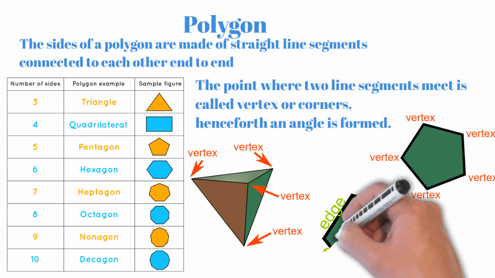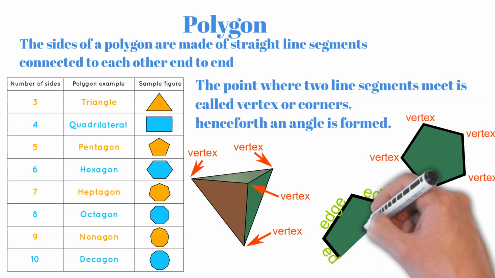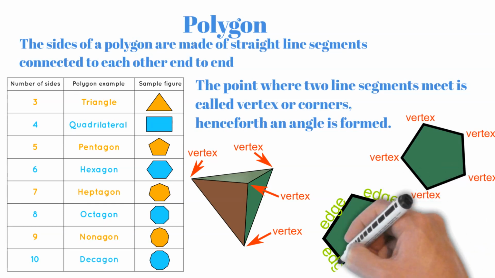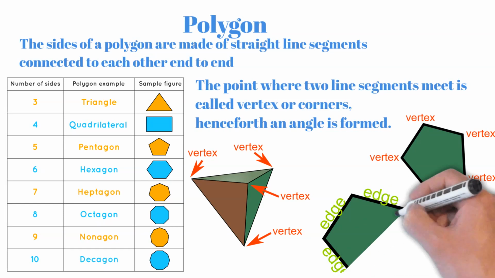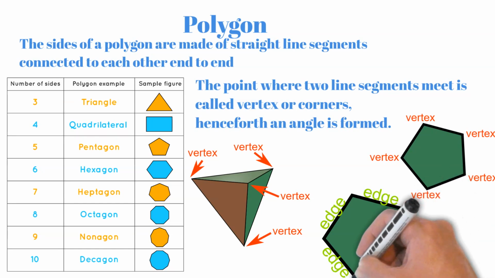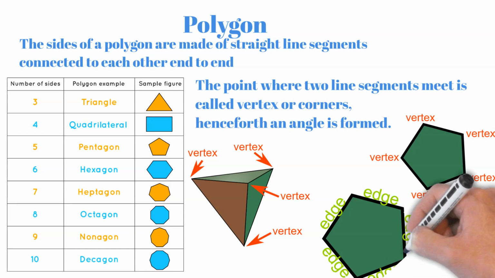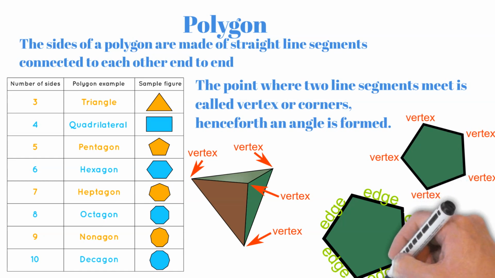Hexa means six, hepta means seven, hence these shapes have specific naming conventions. So a vertex is where two lines meet, and an edge is the line segment itself.